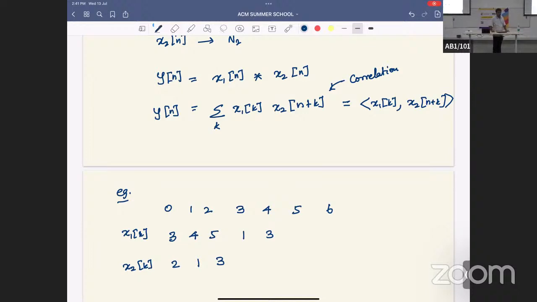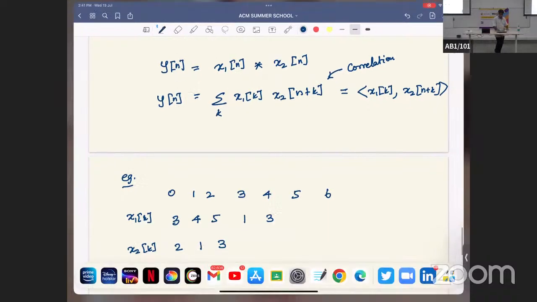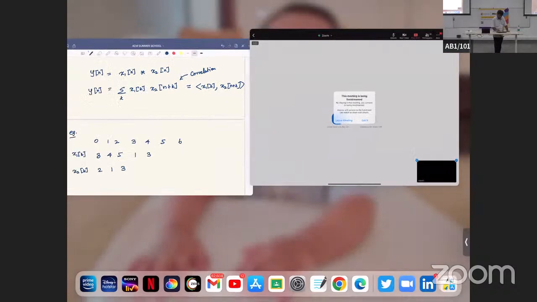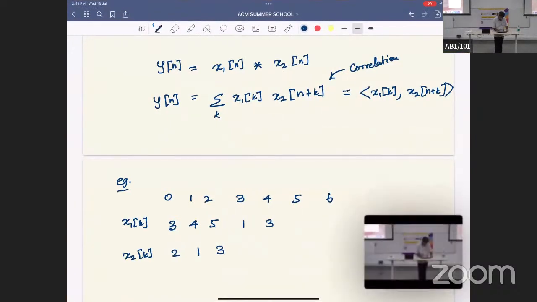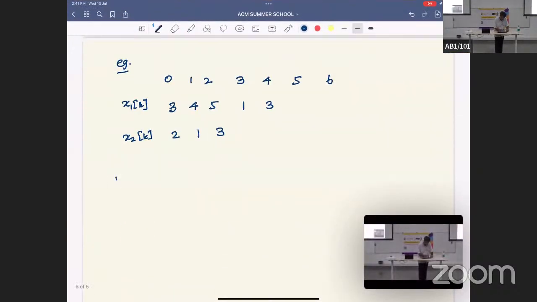To the right. Everyone agrees? And if n is negative, we will move to the left. So y of n can have indices both positive and negative, because if you shift this side also, there is some finite inner product you are getting.